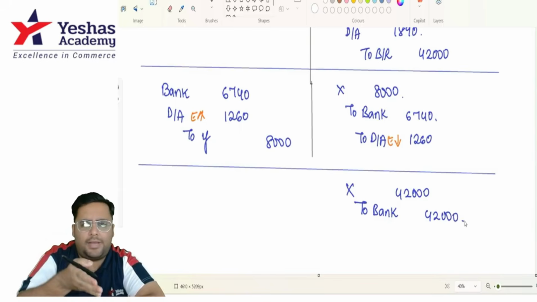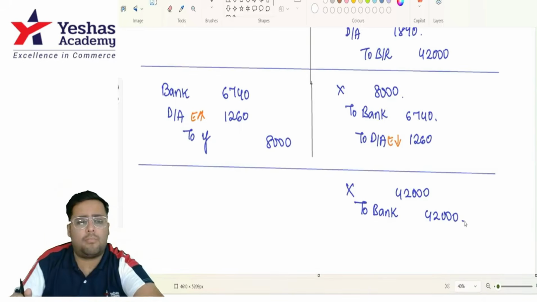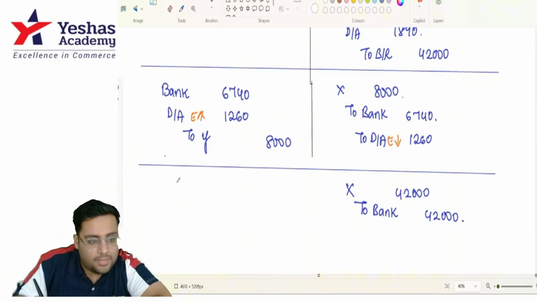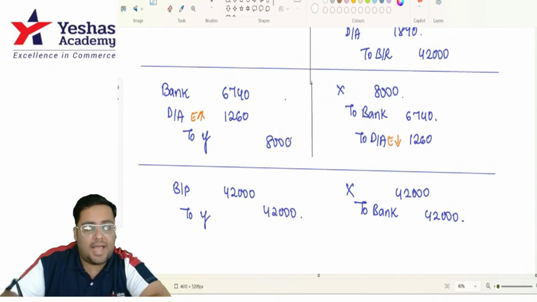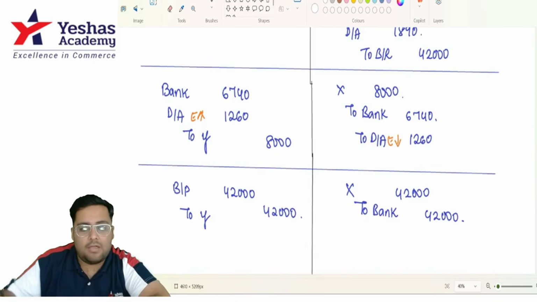He would have gone and given money to X. X would have gone and given money to the banker. In the books of X, what will I record at this point of time? Settlement of the bill payable account debit to Y, 42,000. Through this entry, what has happened is that X was unable to pay the money, Y has paid money to the banker.